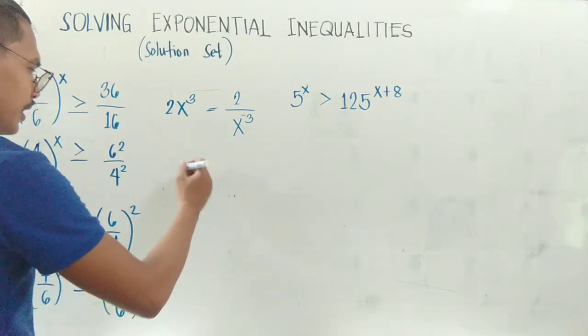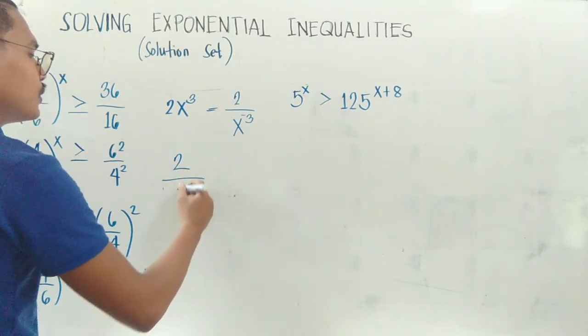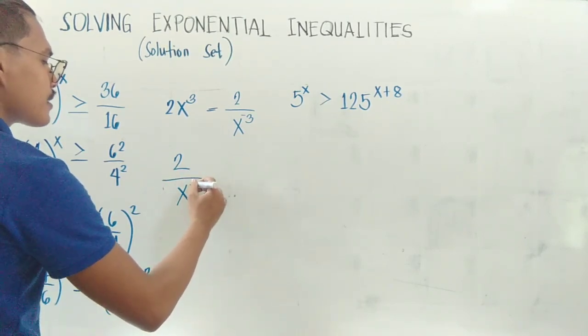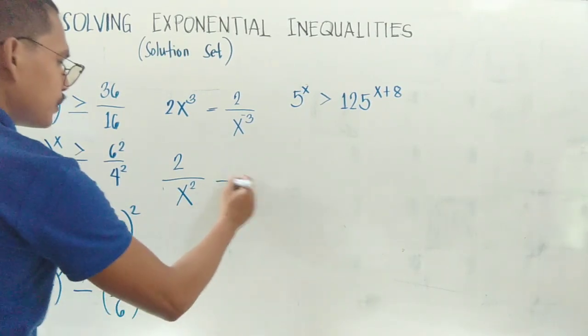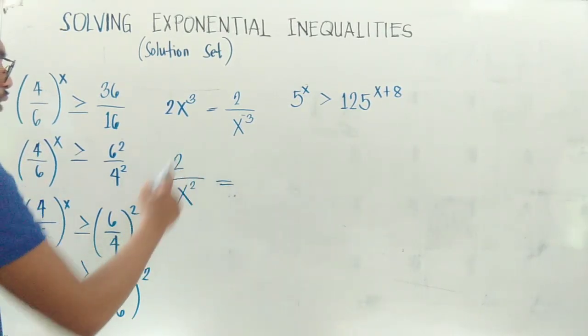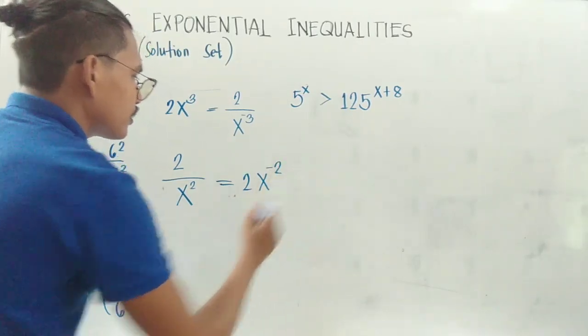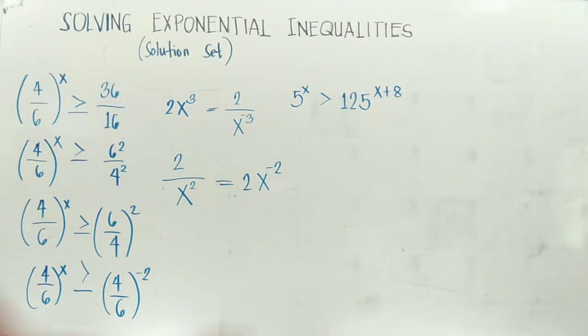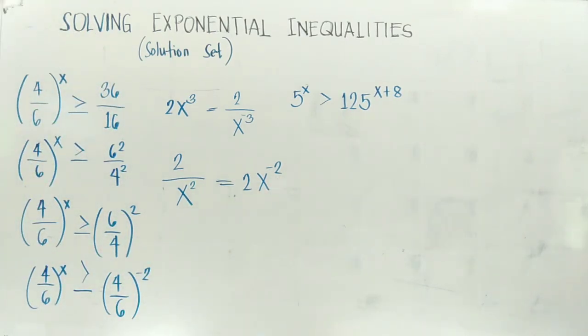Okay? And we have, for example, this one. We have 2 raised to x squared. If we will try to put x squared on the numerator, it will become 2x raised to negative 2. Okay?